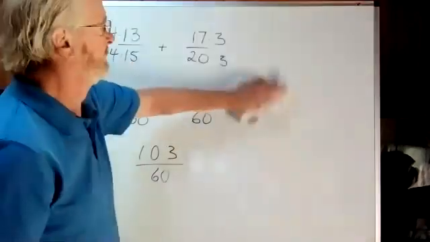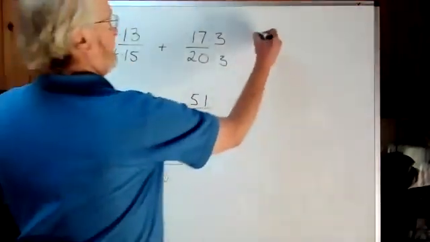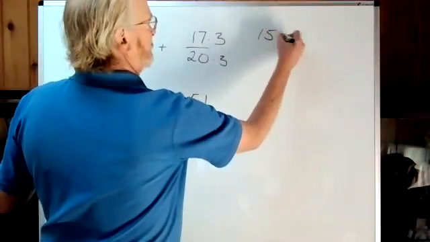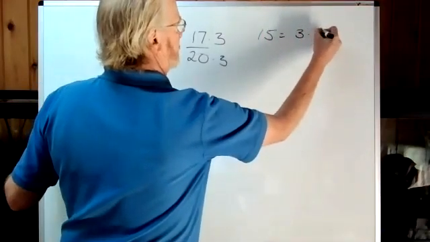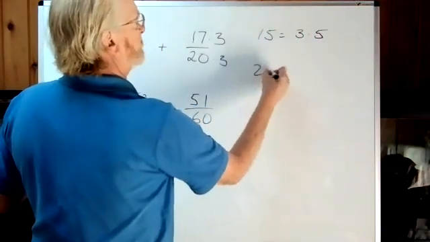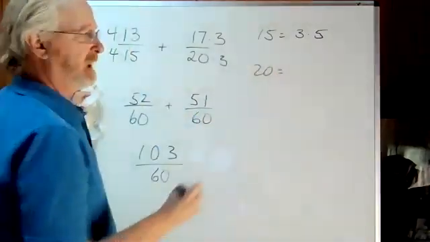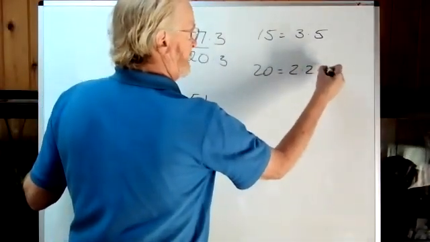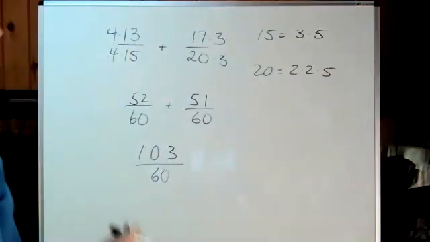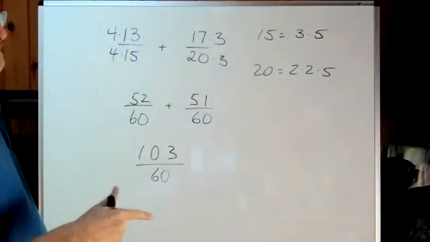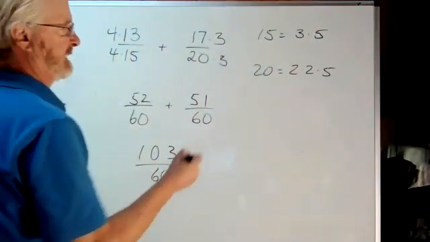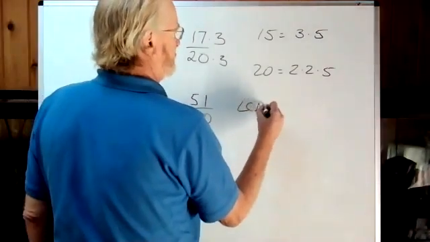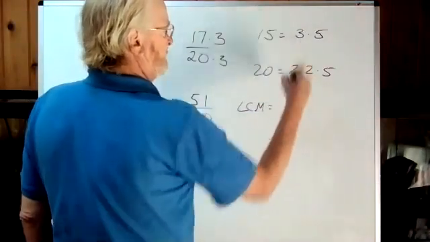Okay, the other technique. Again, 15 is a 3 times a 5, and 20 is 4 times 5, so that's 2 times 2 times 5. It's going to be similar to the last one because it's got to have 2s and 3s and 5s.